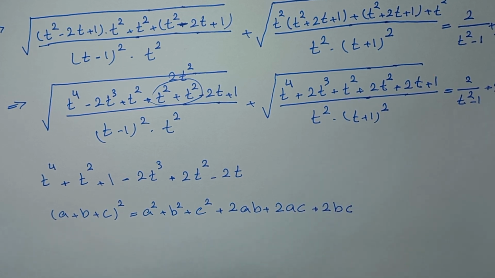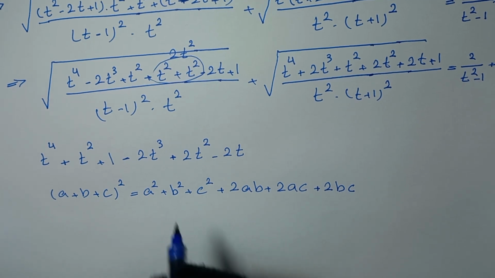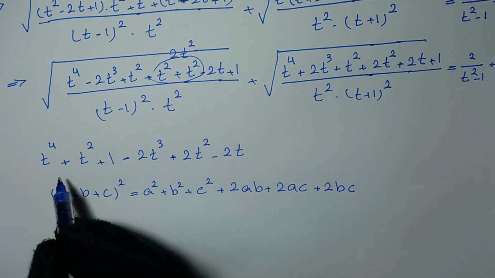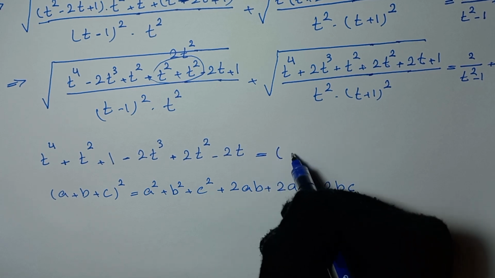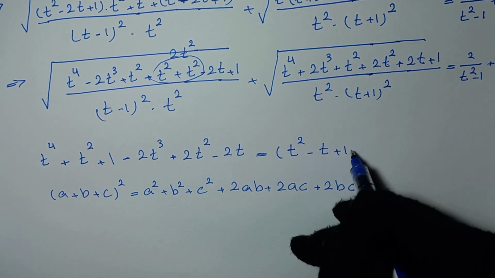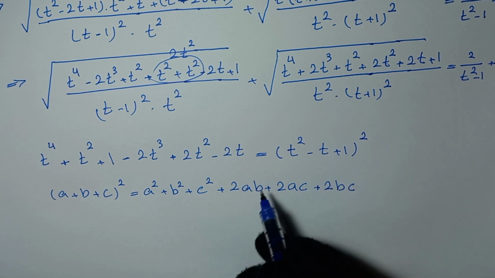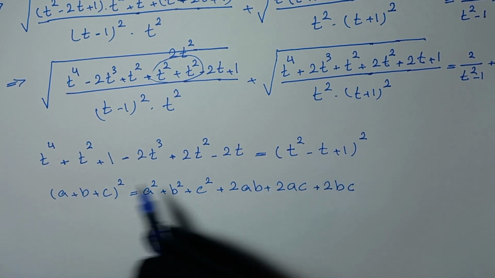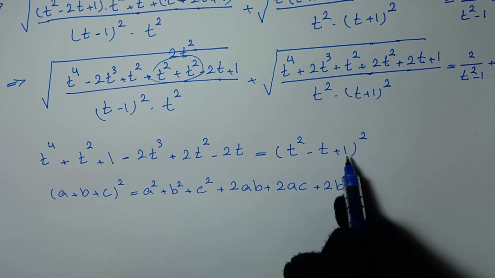So if you look at this carefully, this is in this form, right? In here we have t squared minus t plus 1 to the power of 2, right? Which is t squared, which is a, and negative t is b, and 1 is c.